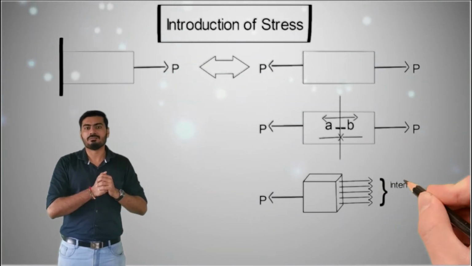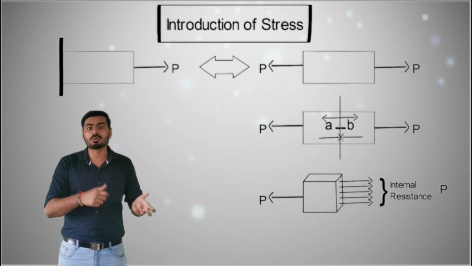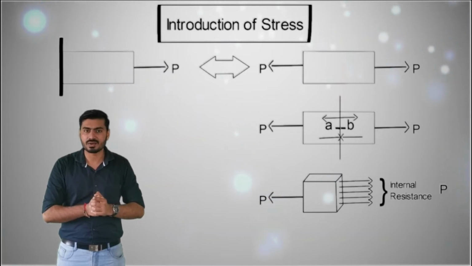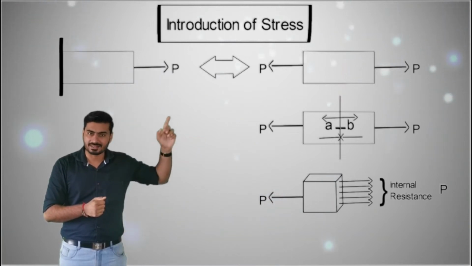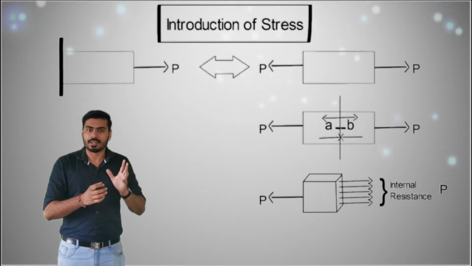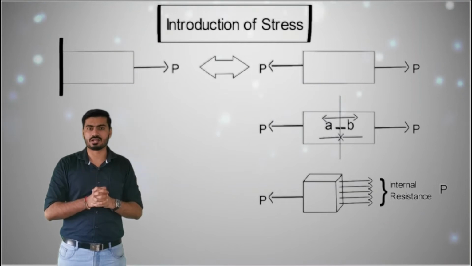Cumulatively, these forces have a magnitude equal to the external force. The external force has magnitude P, and that's why the internal resistance at that section will have magnitude P. Both magnitudes are the same, and that's why the body is in a stable condition.